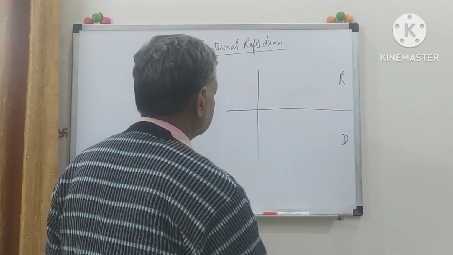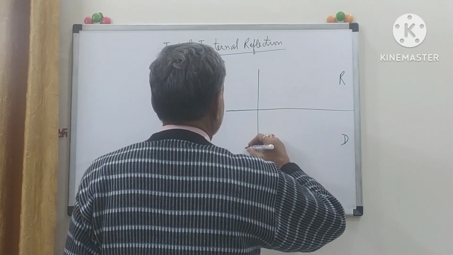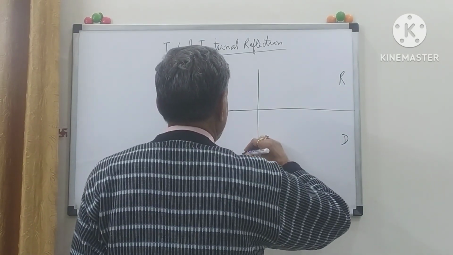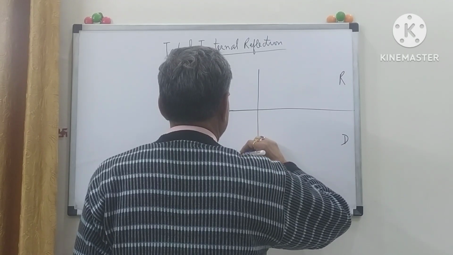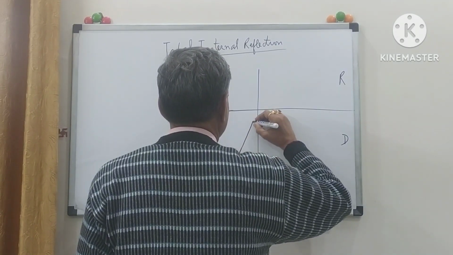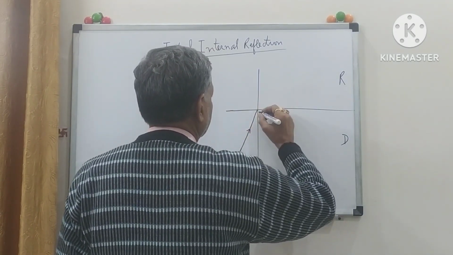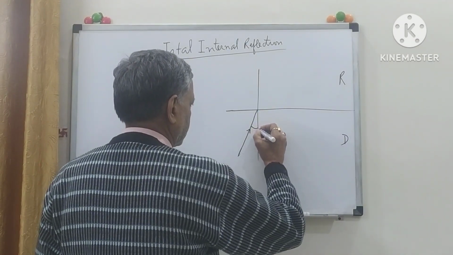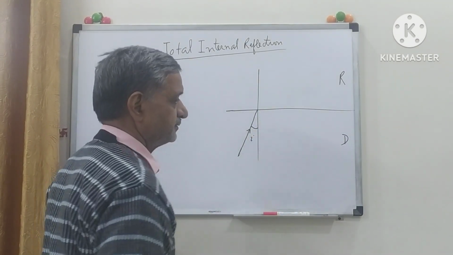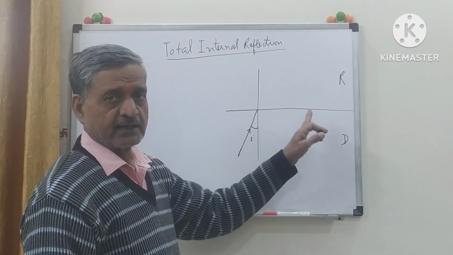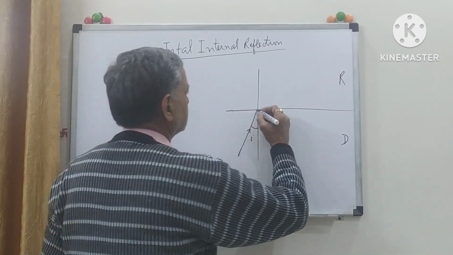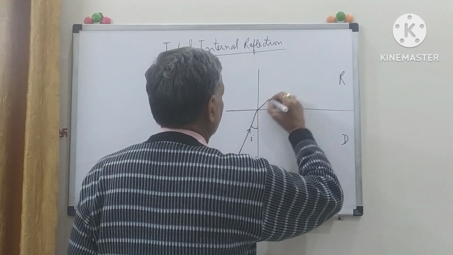Normal at this point. Say light rays passing from denser to rarer. This particular angle of incidence. The denser to rarer, then it will go away from the normal. So it will go away from the normal.